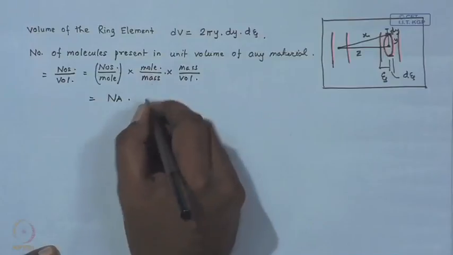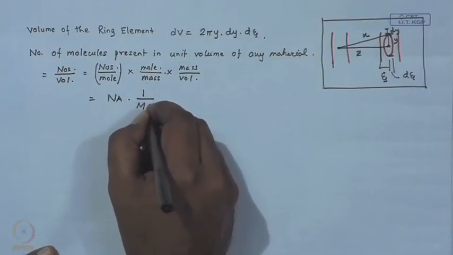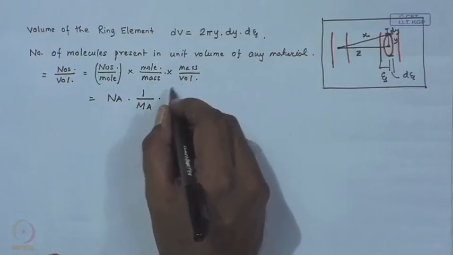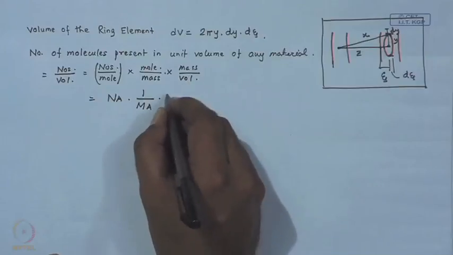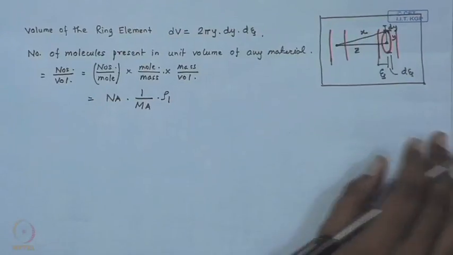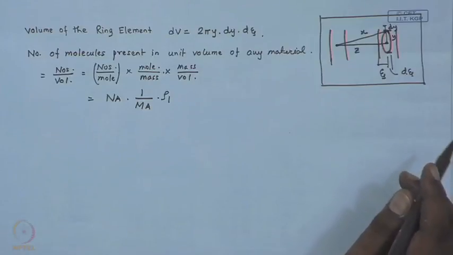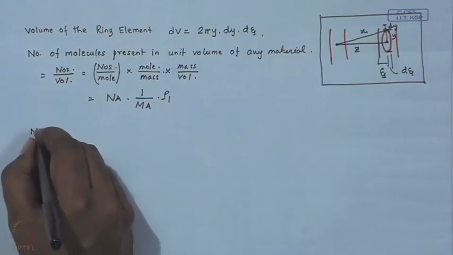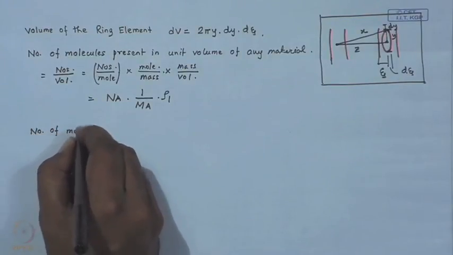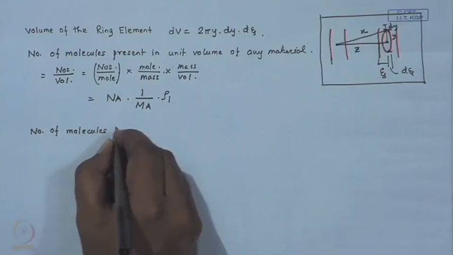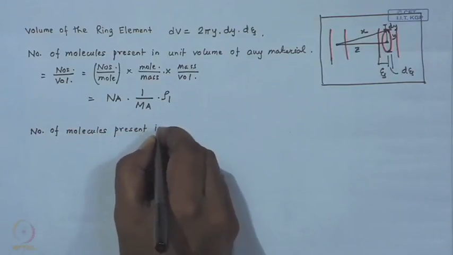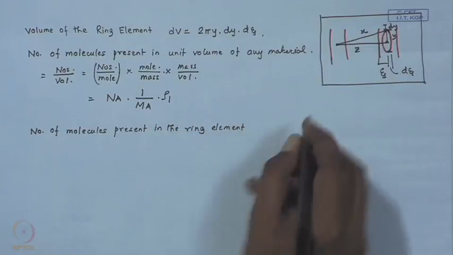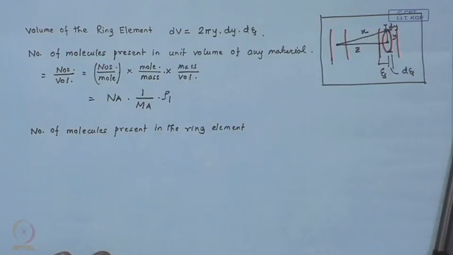Mass per mole is essentially the molecular weight. So, if we are talking about material 1 or material A or whatever, and volume per mass, or mass per volume, is nothing but density. So, the number of molecules present in this ring element is the number of molecules present per unit volume.